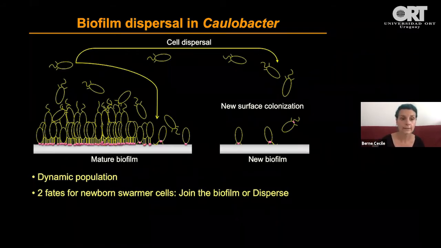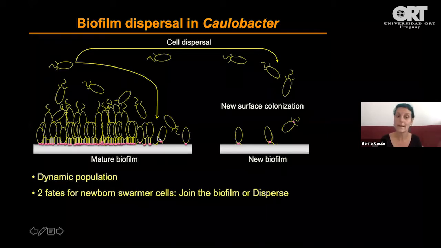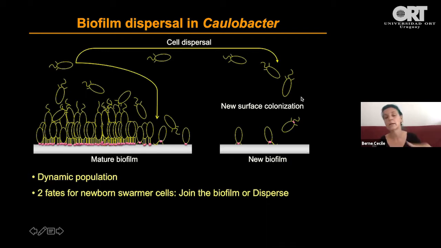They can decide to join the biofilm and stick to the surface, or they can decide to swim away, disperse, and maybe find a new surface and colonize it and make a new biofilm. So as we wanted to understand how we could control biofilm formation, we thought this was a good place to start.